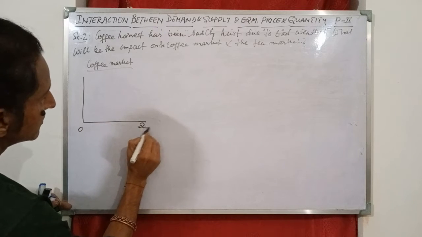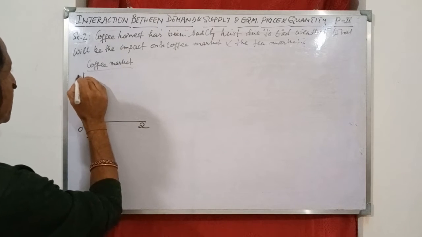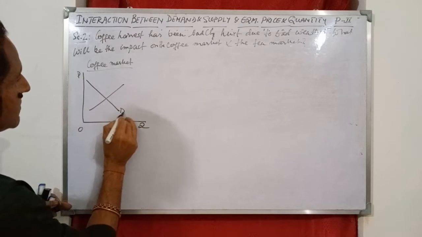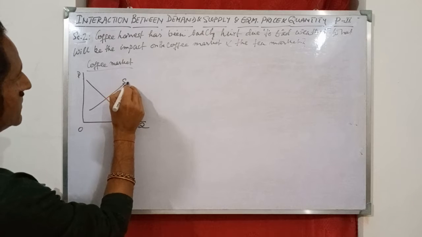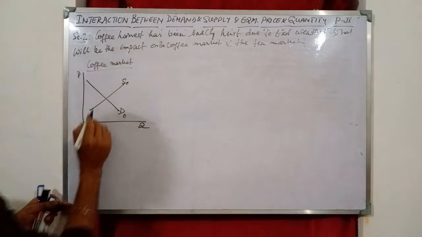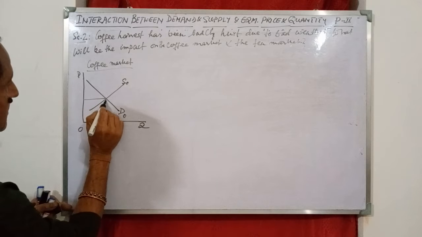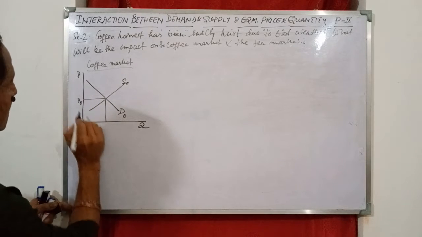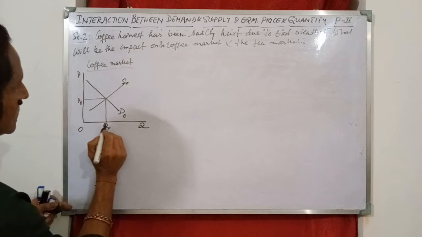On x-axis we measure quantity and on y-axis we measure price. Let D sub 0 and S sub 0 be the original demand curve and supply curve respectively. So equilibrium price and quantity are P sub 0 and Q sub 0.